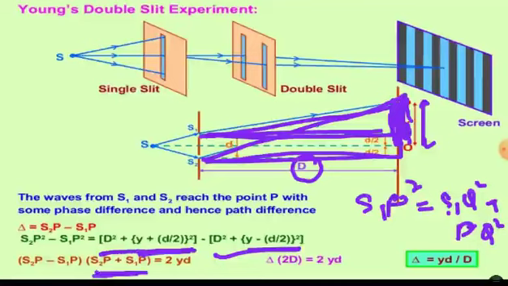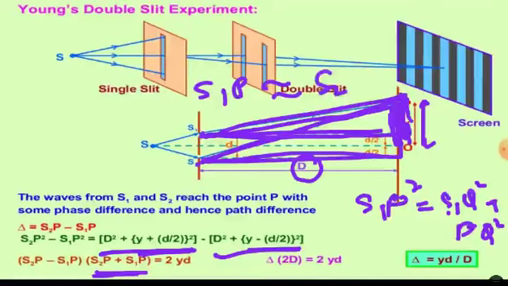As I told you, S1 and S2 are very close to each other, and sometimes we require that S1P be taken approximately equal to S2P, whenever required. That is done here, and this will again be approximately equal to the distance between the screen and the slit.